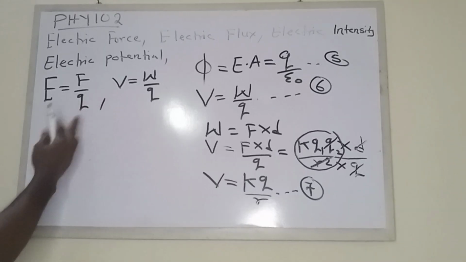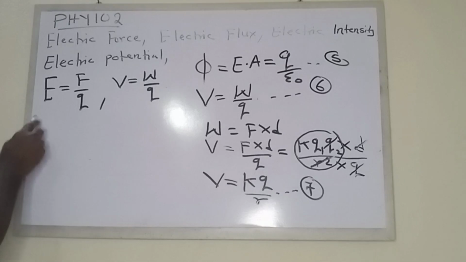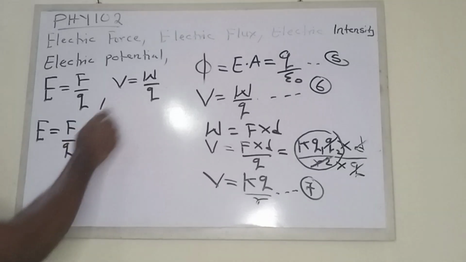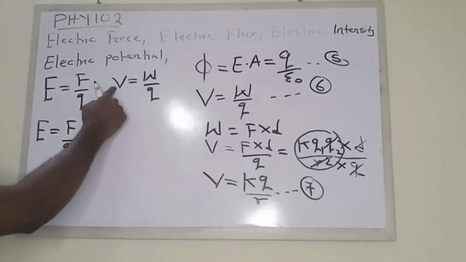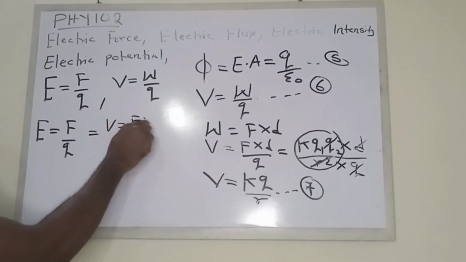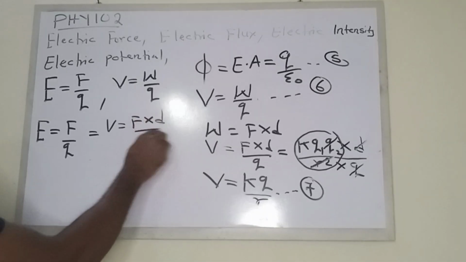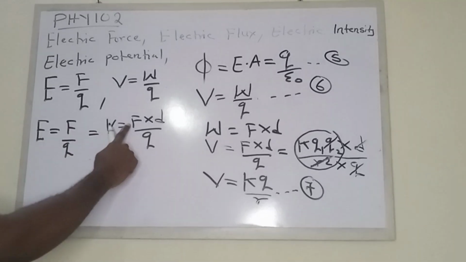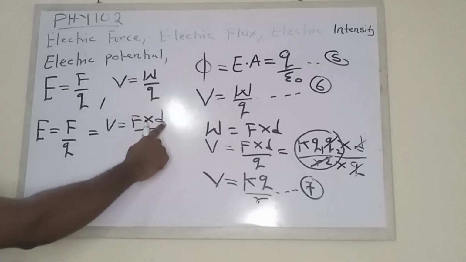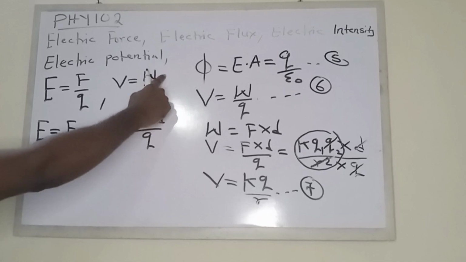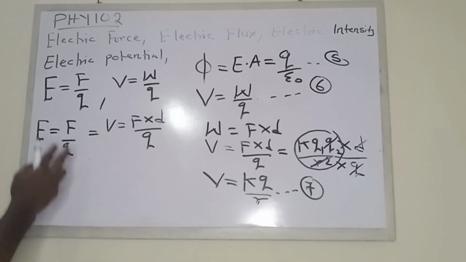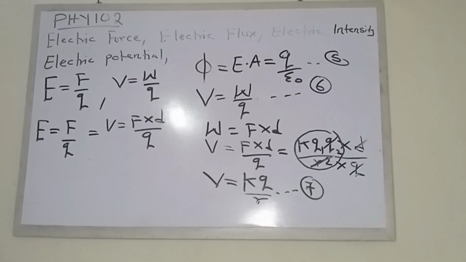We can have electric field intensity equal to force over charge, and thereby our electric potential is equal to force multiplied by distance over charge. So this force times distance brought about this.